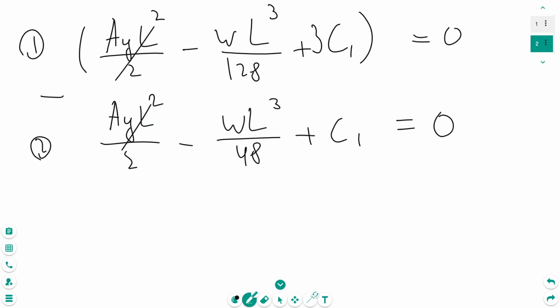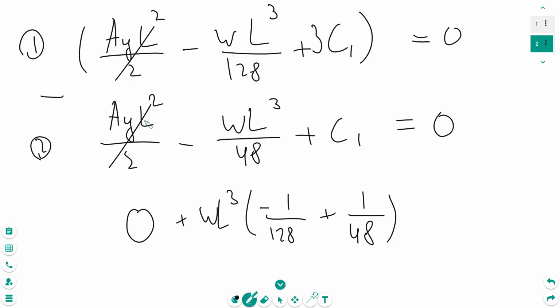The first two cancel out, so I get 0. The second term becomes wL cubed times negative 1 over 128 minus 1 over 48, plus 3 minus 1 C1, which is just 2 times C1, and that equals 0.